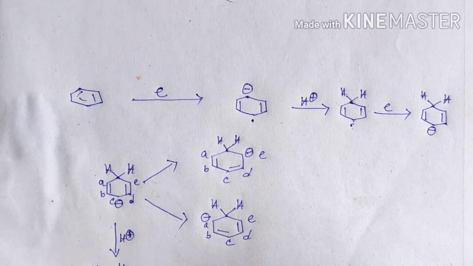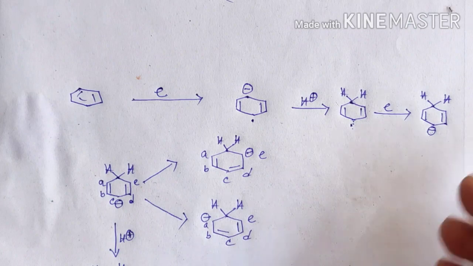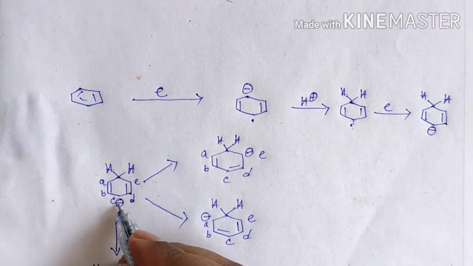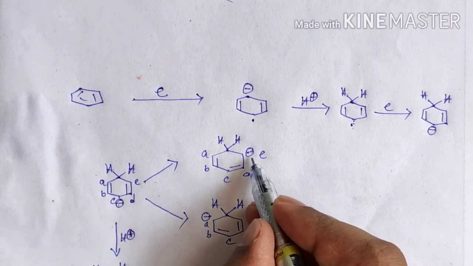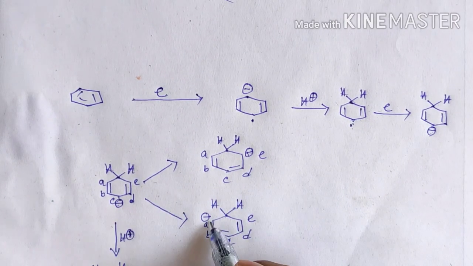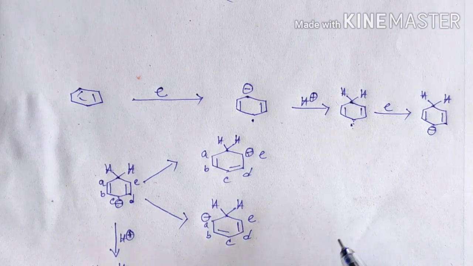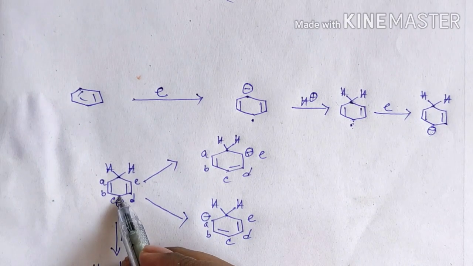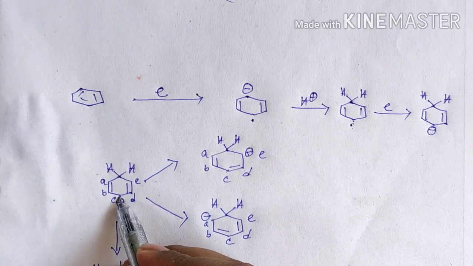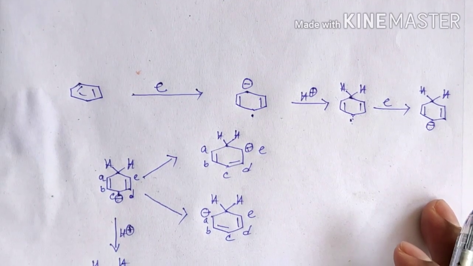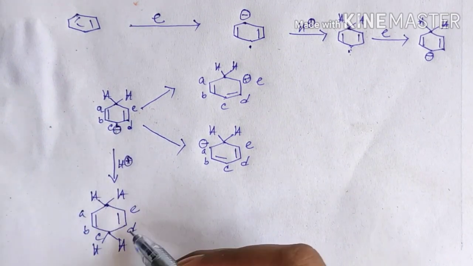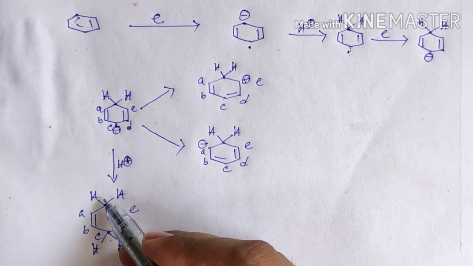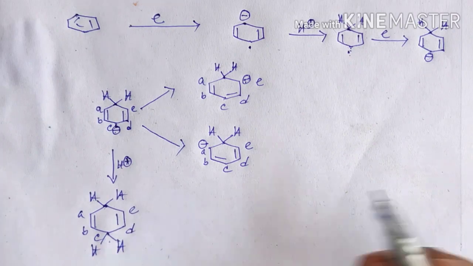Now from computational study it is observed that the electron density at this carbon atom is highest compared to this E carbon or A carbon. Since electron density is highest at this C carbon atom, the second hydrogen atom abstraction will happen at this position and it will form this 1,4 oriented product.